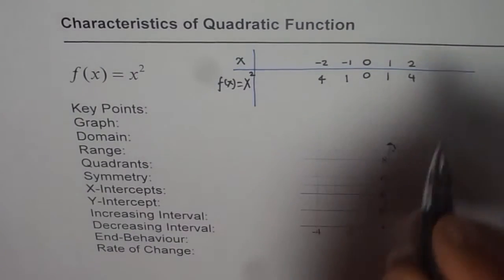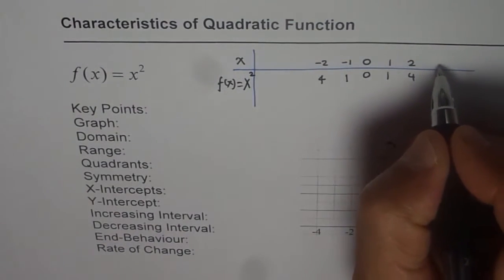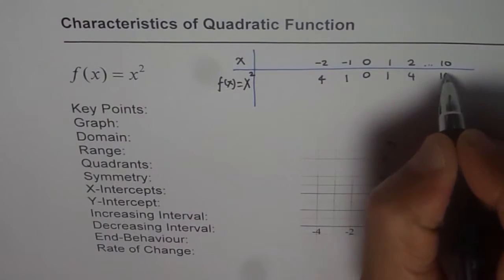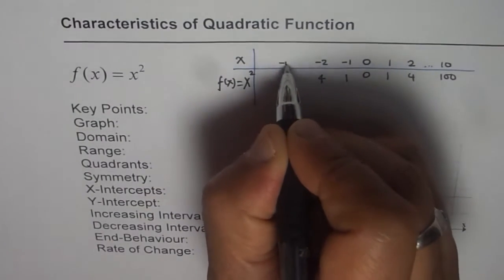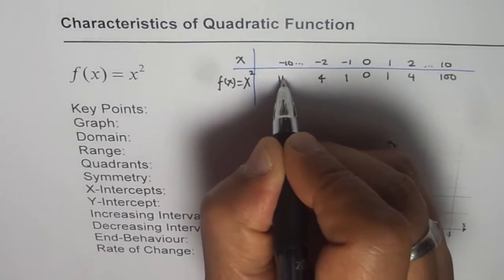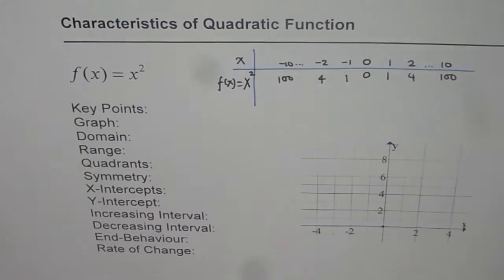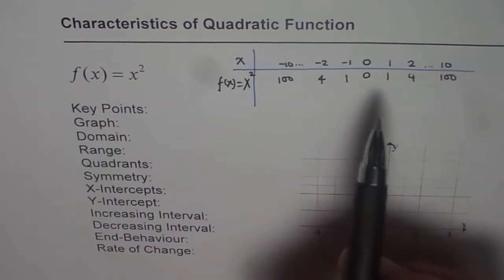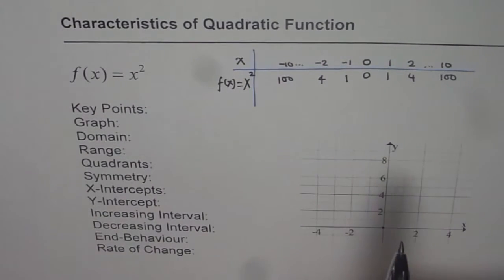If I put a value 10, for example, 10 squared is 100, and minus 10 squared will also be 100. So that's what I'm trying to say, there is a kind of symmetry which you can appreciate as you fill in some values.